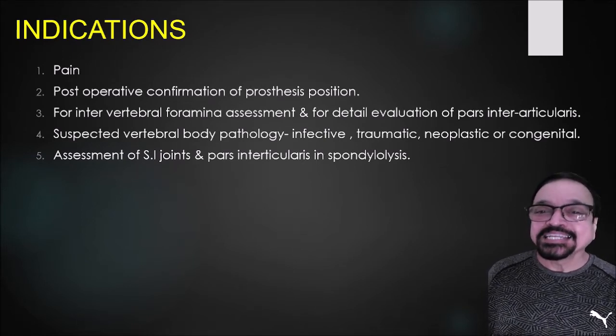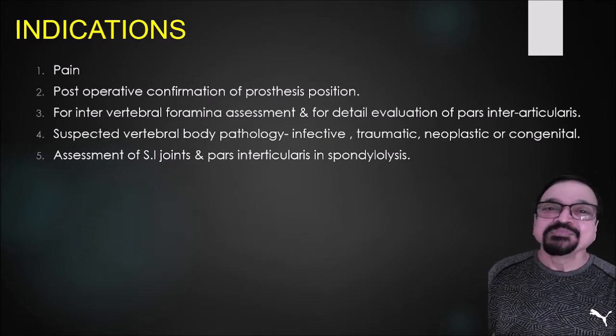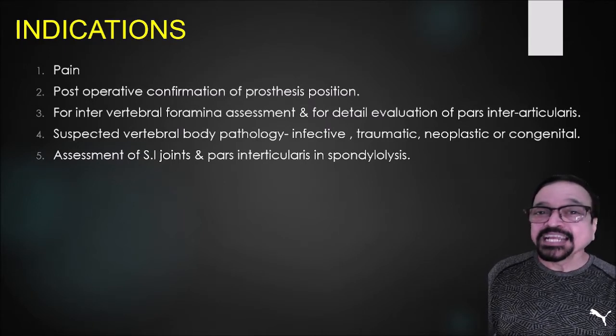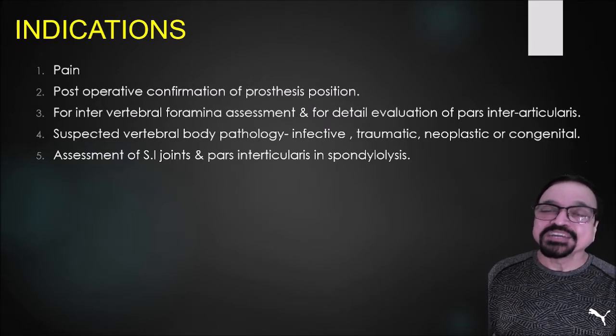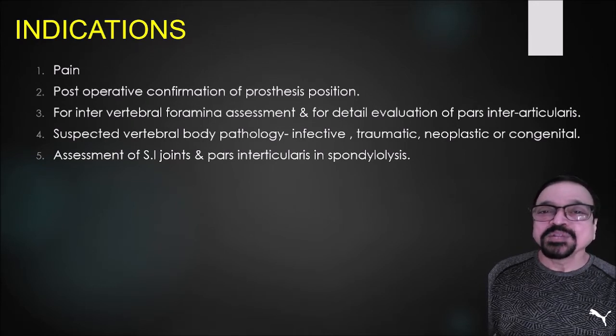Now, SI joint is an added indication. SI joints are best seen in oblique projection. The first basic projection is PA and not AP because of the angulation. You can see the angulation of the SI joint and how the central ray comes to it. Then you will know why prone, that is PA, is preferred for the SI joint.